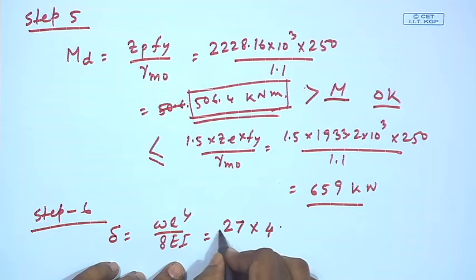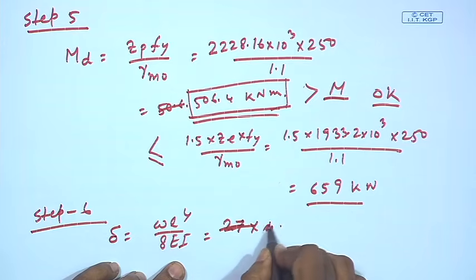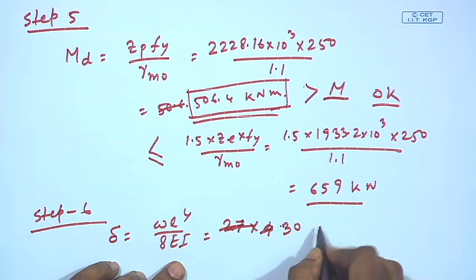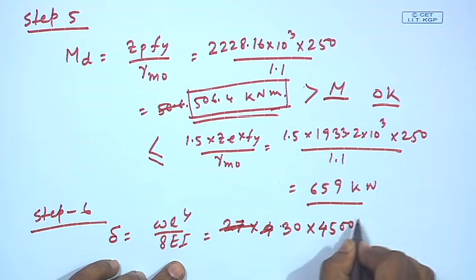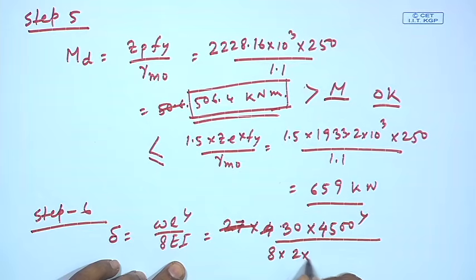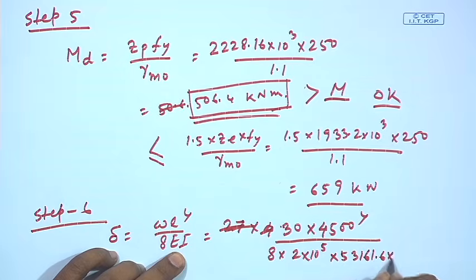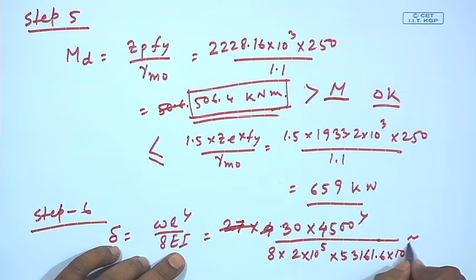W will be 18 plus 12, this will be 30, into 4500 whole to the 4 by 8 E, E is 2 into 10 to the 5, into I we found earlier, that is 53161.6 into 10 to the 4. So, this is coming around 14 mm.